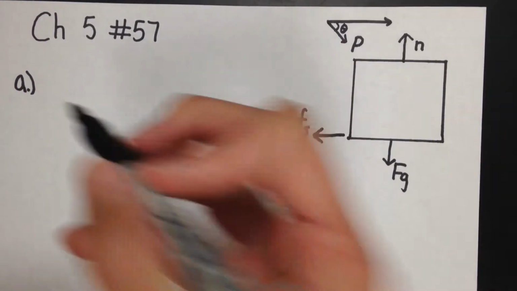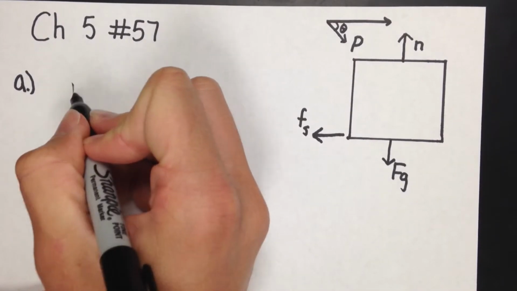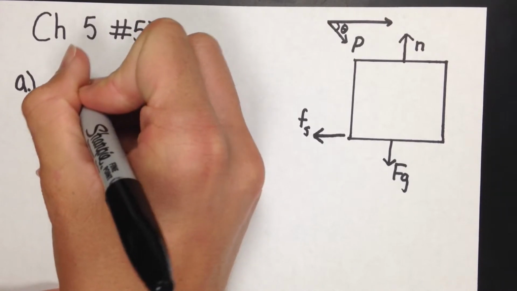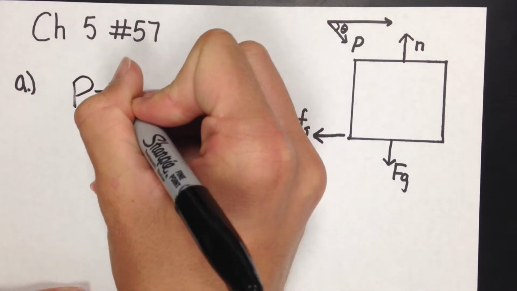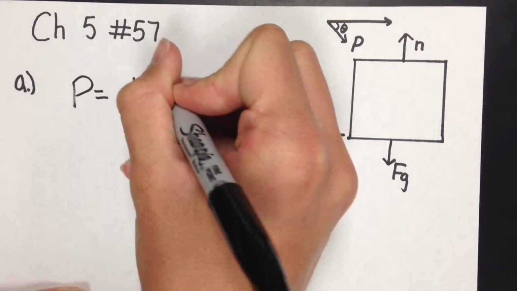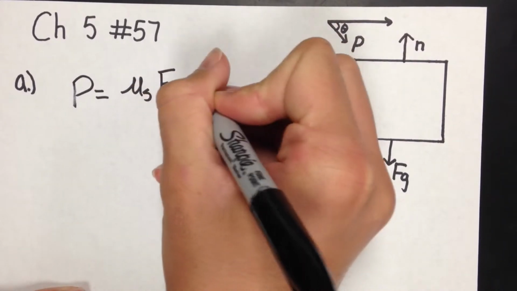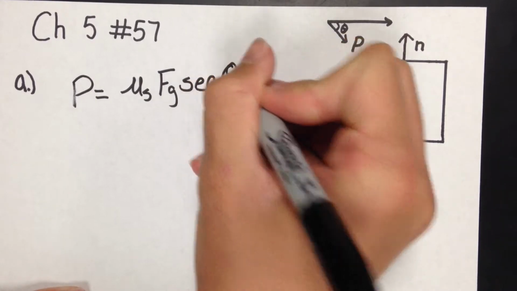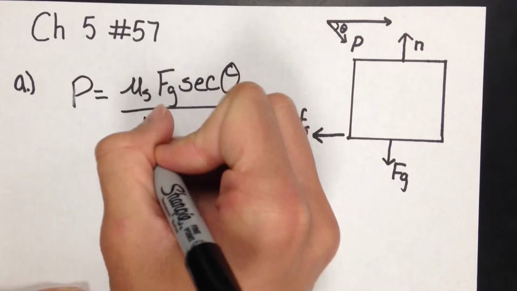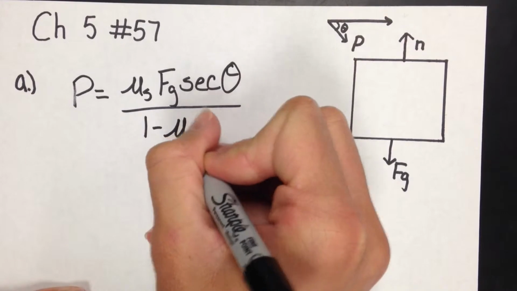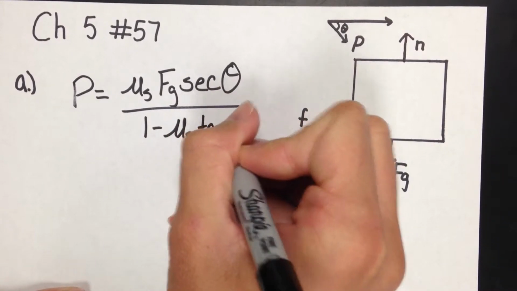So first, we're just going to write down our givens, and our given is P equals mu sub s Fg secant theta over 1 minus mu sub s tangent theta.